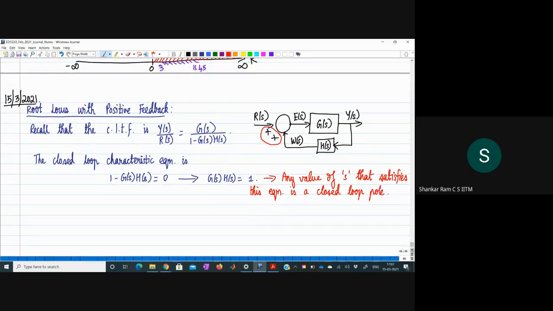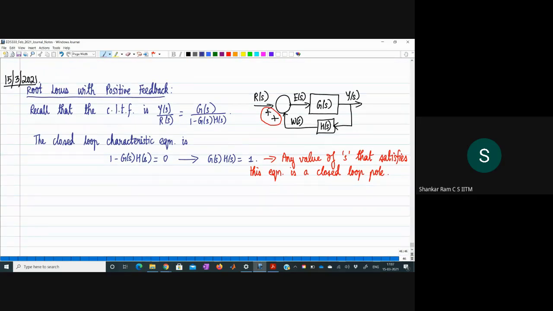Okay, so now we can once again rewrite this as two equations, just like what we did. So if G of S H of S equals 1, then the magnitude is 1. Now, the main difference is that the phase of G of S H of S will be an even multiple of 180 degrees, or a multiple of 360 degrees. So people will typically write it like this: 360 times k, with k being 0, 1, 2, and so on.